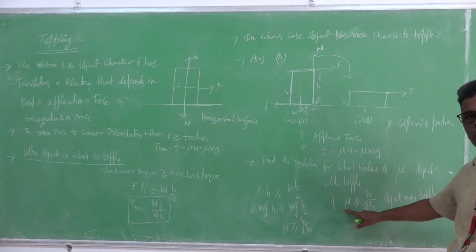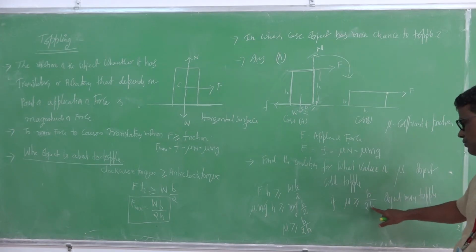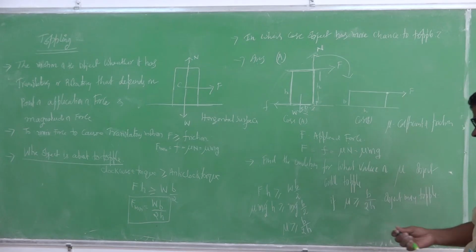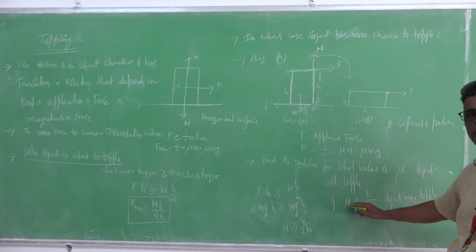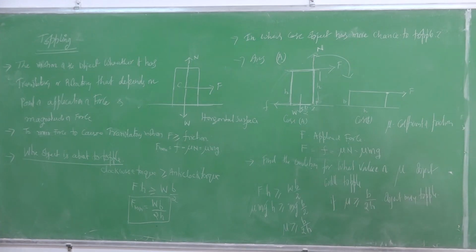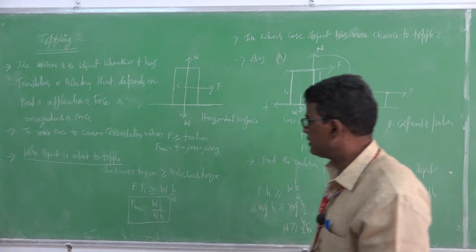So we can change only b and h. So to avoid toppling, the value b by 2h should be less than or equal to mu. So if mu is greater than or equal to b by 2h, the object may topple. That is the condition.